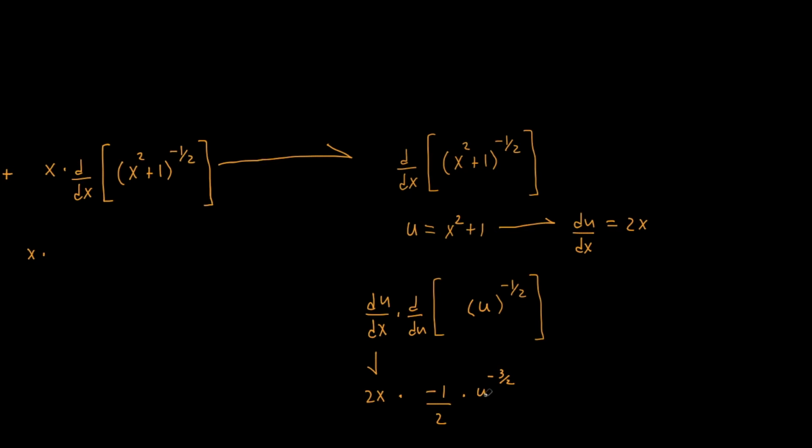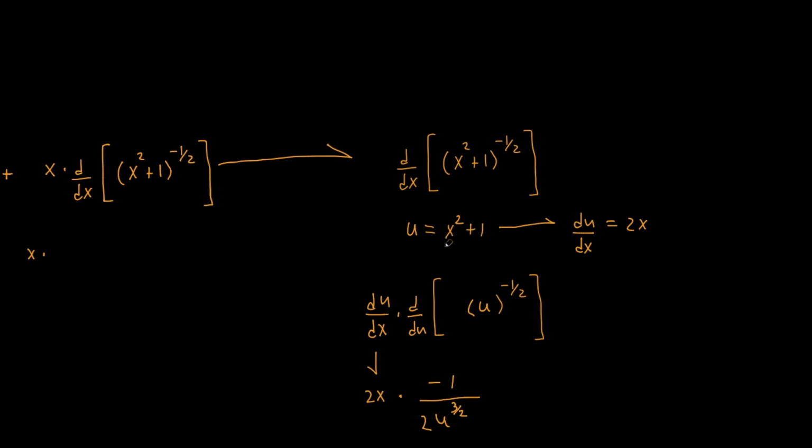Excuse me, I forgot that it was to the 1/2. So we have negative 1/2 times u to the negative 3/2, which is negative 1 over u to the 3/2.